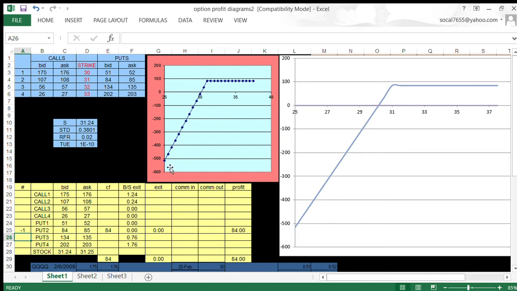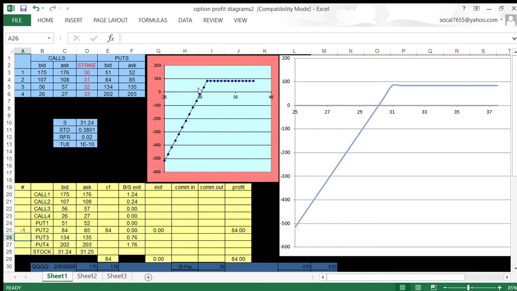Then I make my profit, you can see down here, of $84. Okay, and the break even, of course, will be at a price for this short put a little lower than 31. You can see here, looking at this little marker, at 30 I'm losing $16. So at a price of 30.16 I'd be breaking even, and that just makes sense, okay, because the strike price of the put's 31.